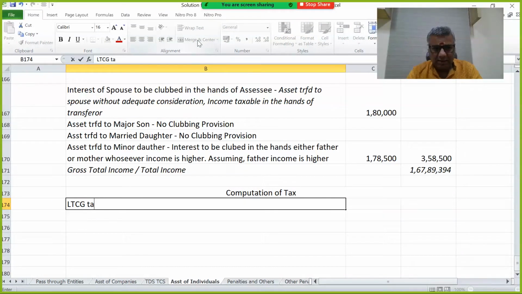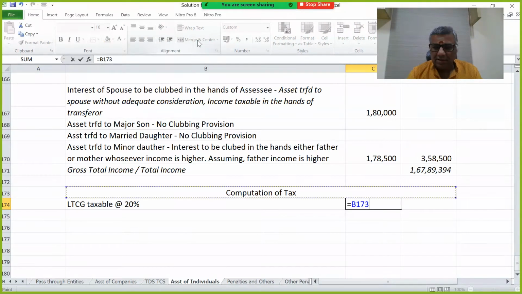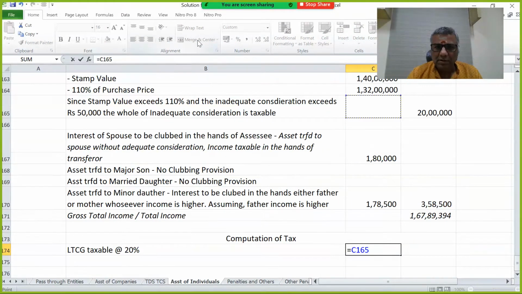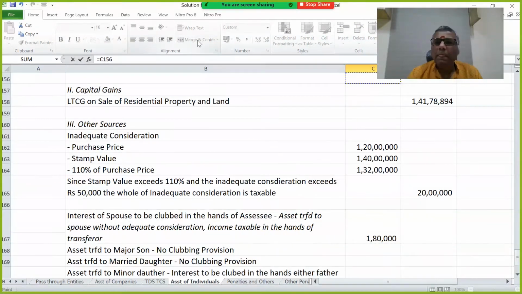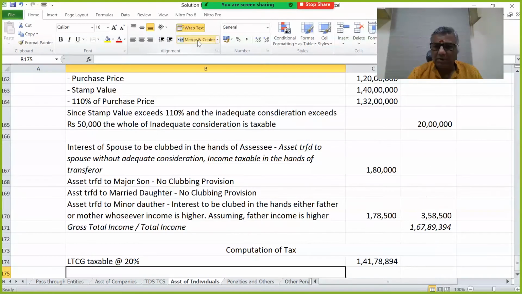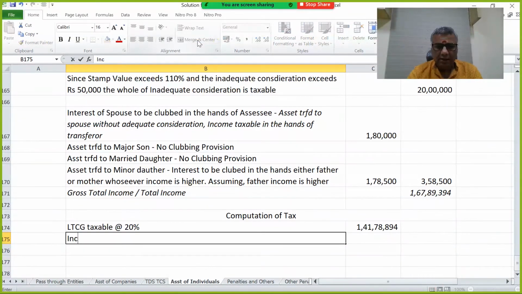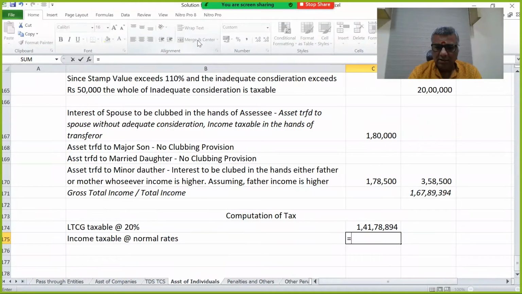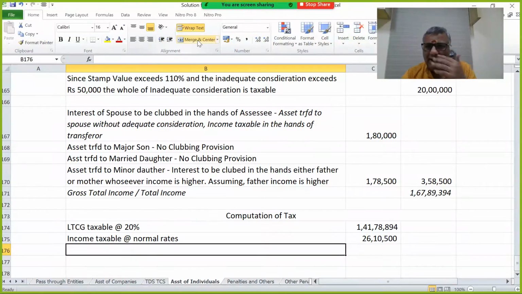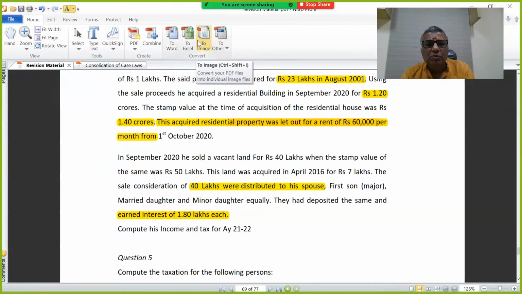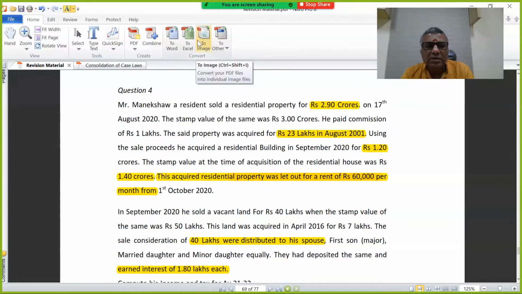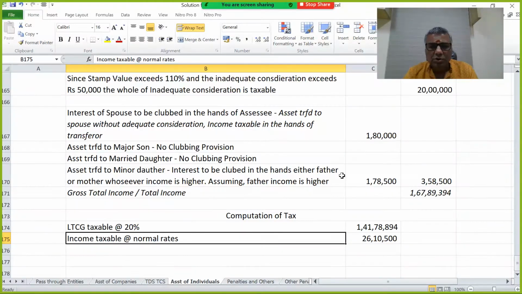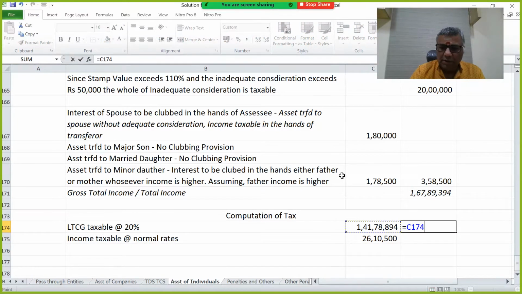LTCG taxable at 20% is 1,41,784. Income taxable at normal rates is, okay, right. You were given a senior citizen, so this is taxable at 20%.